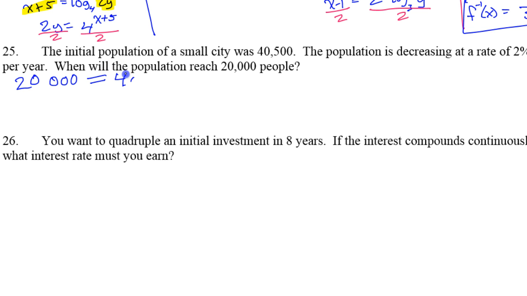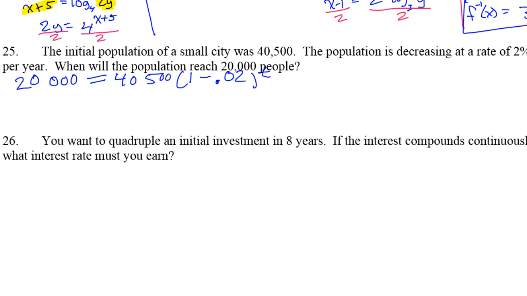We started from 40,500. And then we had 1 minus the rate. Now the rate being 2%, am I going to put a 2 right here? No. I put 0.02. And then to the power of time.